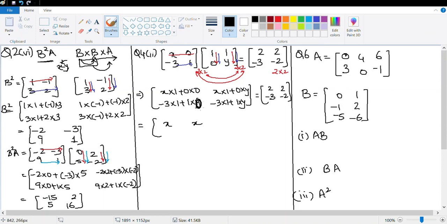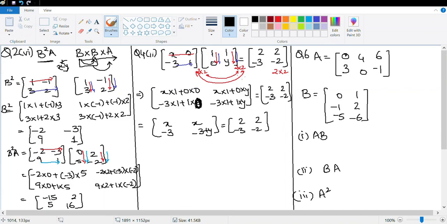This will not be y. This will be 0. My mistake. So row 2 multiplied with column 1, and then row 2 multiplied with column 2. So this is -3 plus 0. So this is -3, and this will be -3 plus y. This is equal to 2, -3, 2, -2.